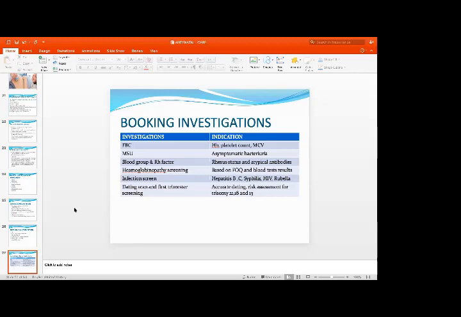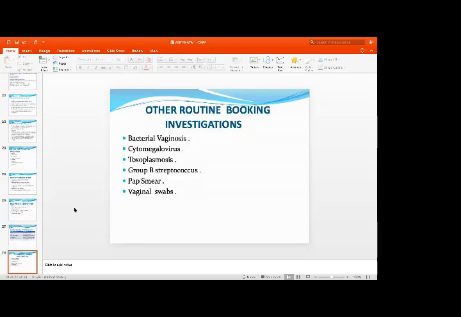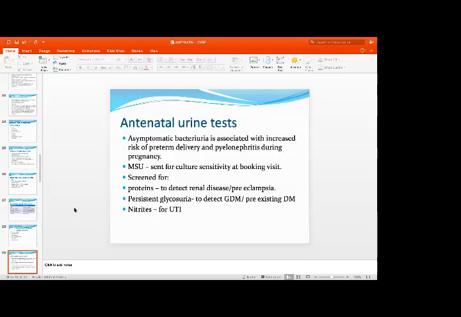So these are the booking investigations and justification. Other investigations which can be done are screening for bacterial vaginosis, cytomegalovirus, toxoplasmosis, streptococcus, cervical smear and screening, and high vaginal swabs to rule out any other infections.